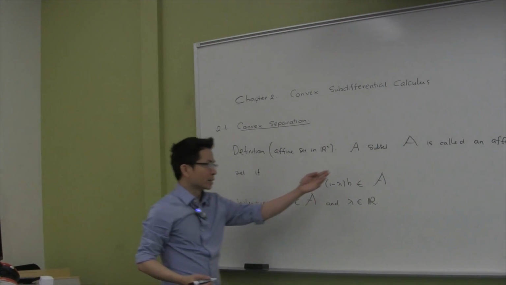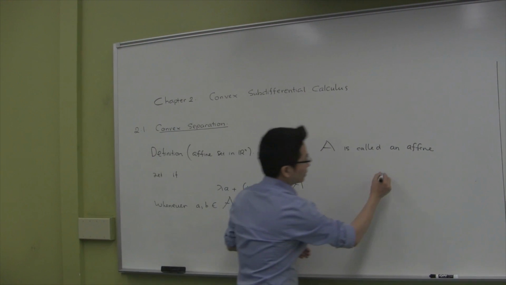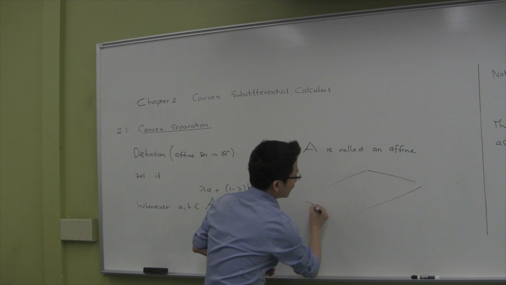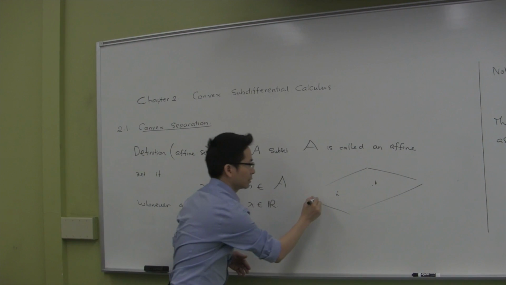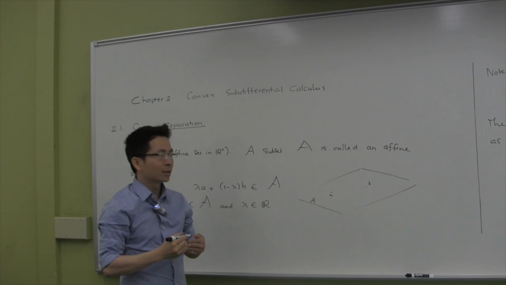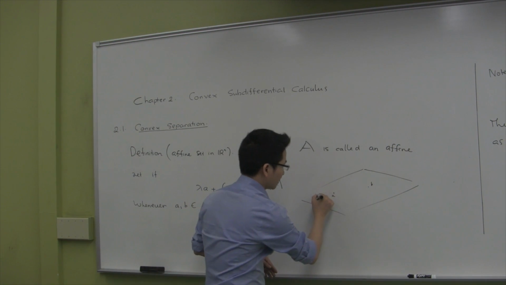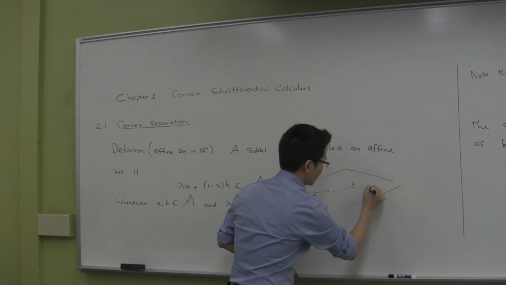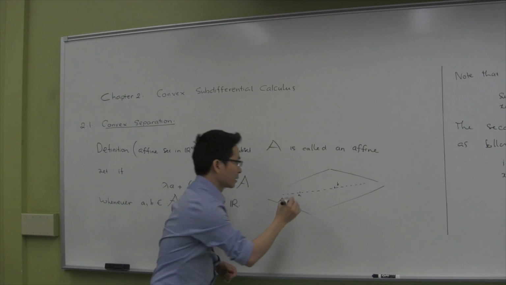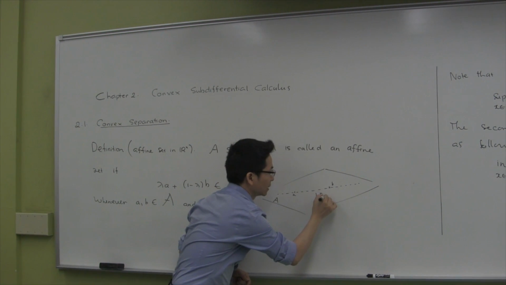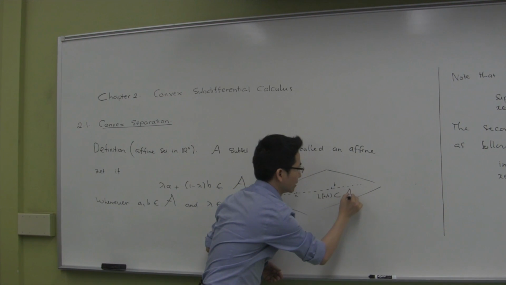Geometrically, a set A is called an affine set if whenever we take any 2 points a and b in A, then the line connecting a and b belongs to the set A. Okay, so whenever we take any 2 points here, the line Lab connecting a and b is a subset of this set A. Okay.